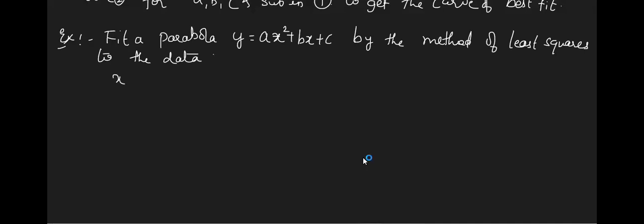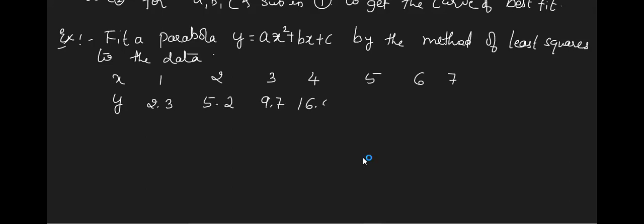They have given the values of x and y. x: 1, 2, 3, 4, 5, 6, 7. y values are 2.3, 5.2, 9.7, 16.5, 29.4, 35.5 and 54.4.